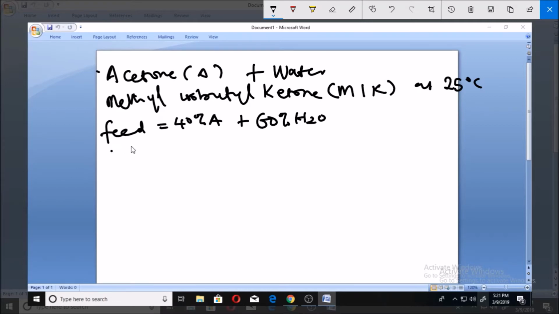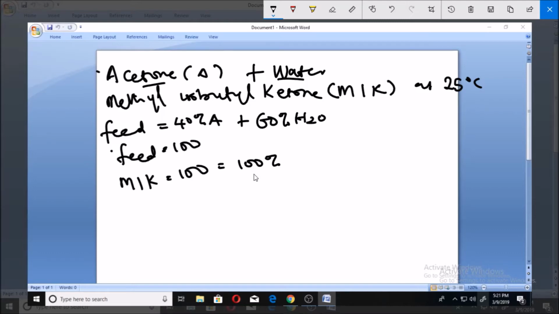So if we have the feed to be 100, consisting of acetone and water, we're also going to have MIK, methyl isobutyl ketone, also be 100, and it's pure, so that means it's 100% MIK.